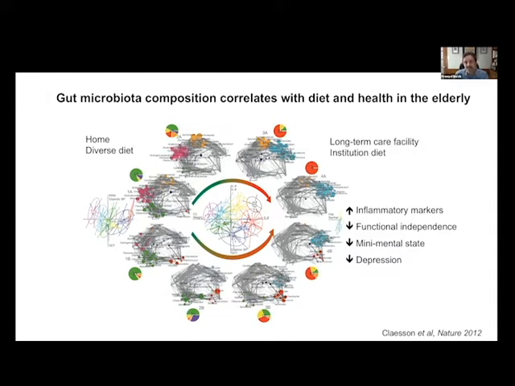Although this is a very complex picture, what it shows is that those individuals who stay at home and have a relatively diverse diet have different microbiota composition and appear healthier compared to those who are in long-term care facilities or hospitals, and also have a different type of diet. In those individuals, the microbiota and diet correlated with increased inflammatory markers, decreased functional independence, altered mini-mental status, and also increased depression rates.